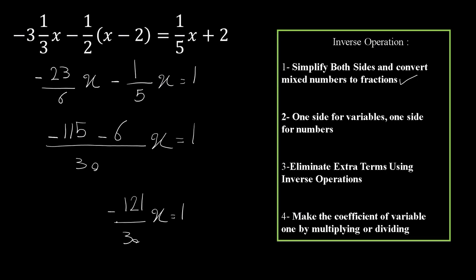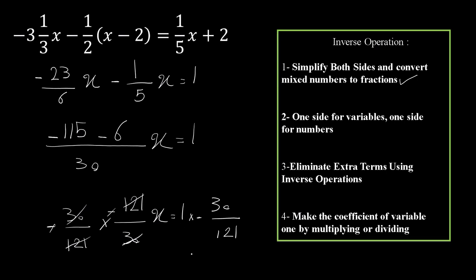Do you know any number? Yes, its reciprocal. So what is the reciprocal of this fraction? It's going to be minus 30 over 121. Of course, I must multiply to the other side. These terms are going to cancel each other out.